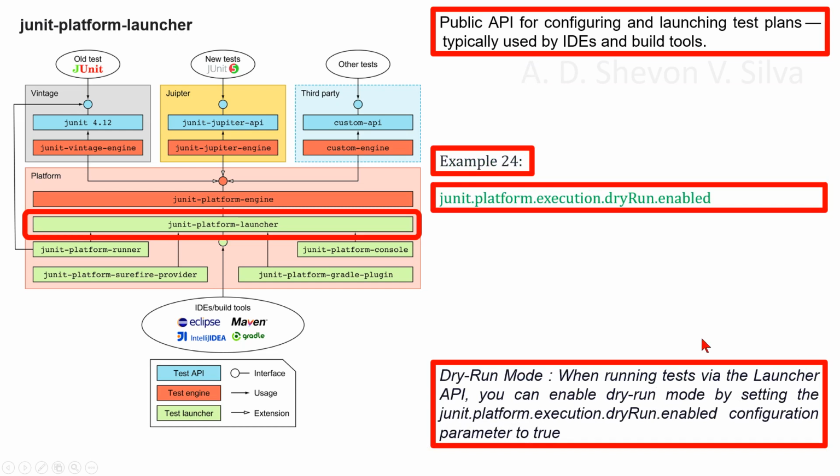Now we are considering dry run mode. When running tests via the Launcher API, you can enable dry run mode by setting the junit.platform.execution.dryRun.enabled configuration parameter to true.